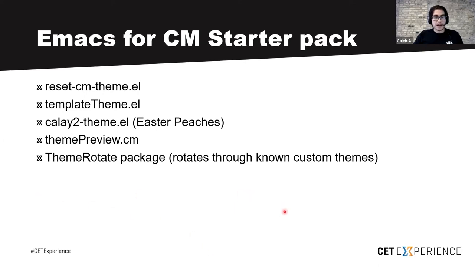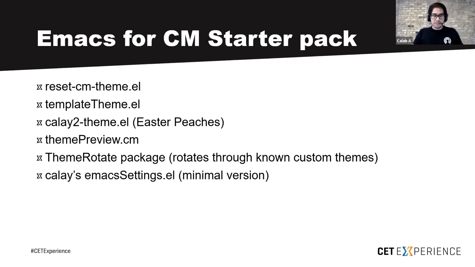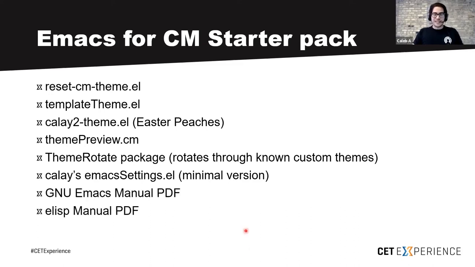This is something that I got from an old developer that basically rotates through your themes. It includes my Emacs settings, a stripped down version for a lot more portable usage. And I also included the PDFs of the Emacs and eLisp manuals.